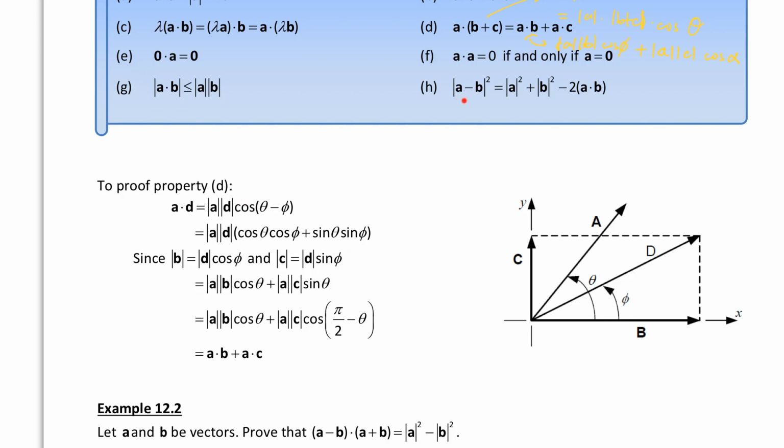For example, H seems very difficult, but if you draw the diagram, it's not very difficult to see. If we have vector A and vector B, what is A minus B?